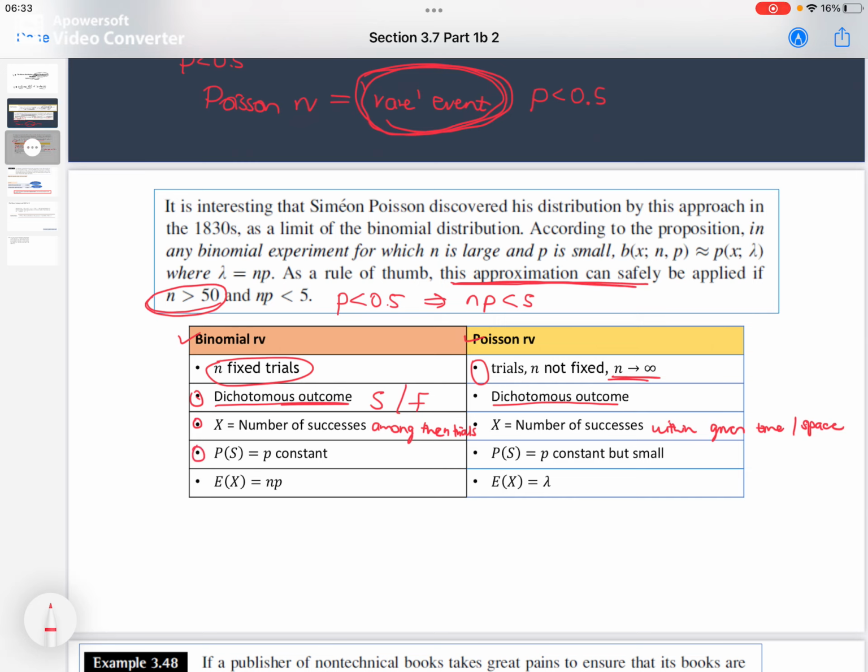All right, with a binomial random variable, the probability of a success p is constant, meaning every time you repeat the experiment, the probability of observing a success will be p for all trials.